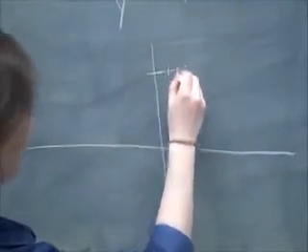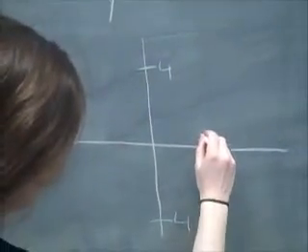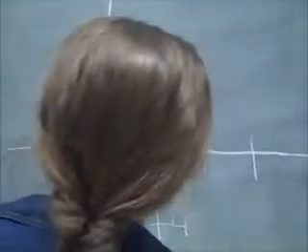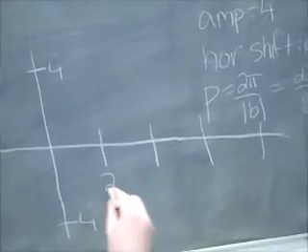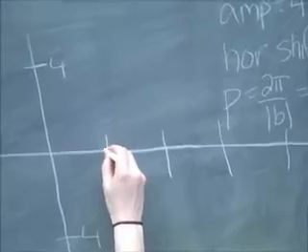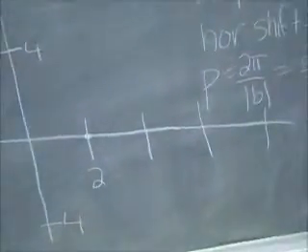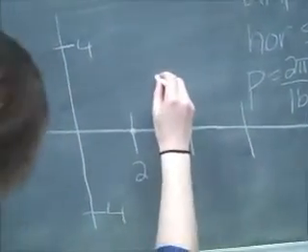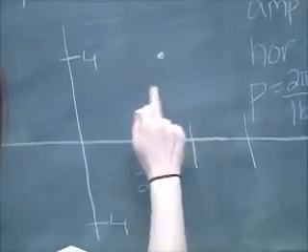So we'll have 4 here, and then -4, and then 1, 2, 3, 4. So this will be 2. So the horizontal shift is over 2. And then we'll make it so that the period is going to be pi over 4. So that means that this whole thing will be pi over 4. So I like to do dots at the amplitude in between.